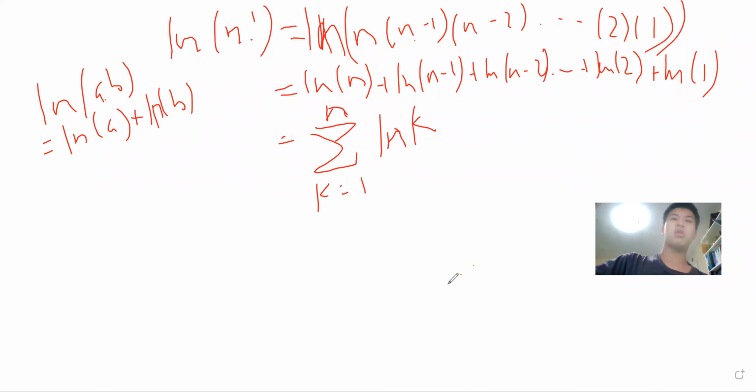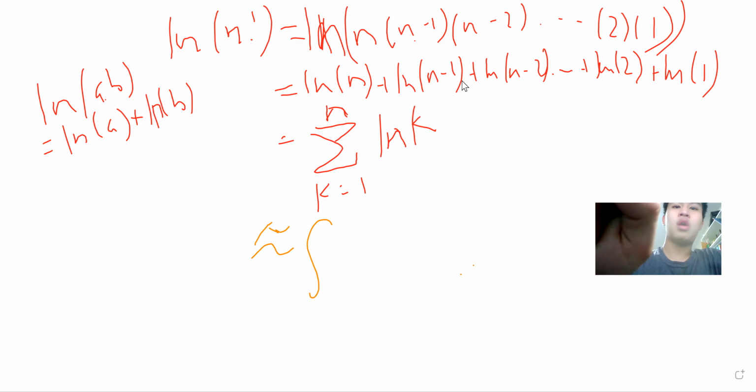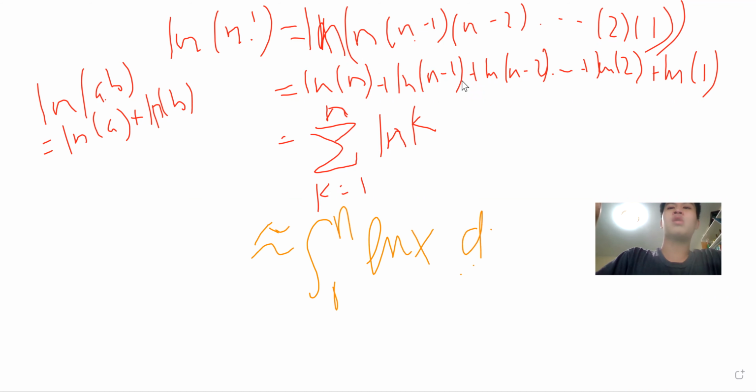And the integral will be the integral from 1 to n of the natural log of x dx.